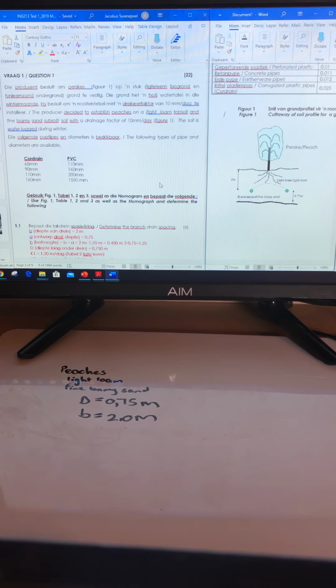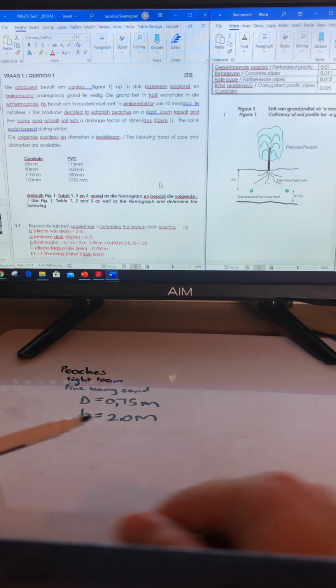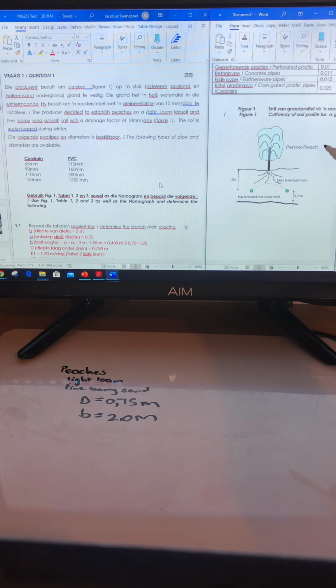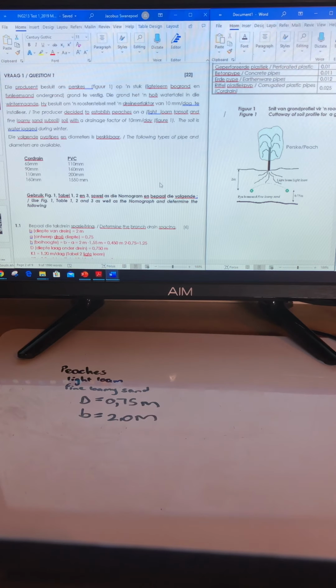If you want to look at figure 1, that is this picture over here. You can see it says peaches, then it gives you that 2 meter value, 0.75, and then light loam and fine loamy sand.